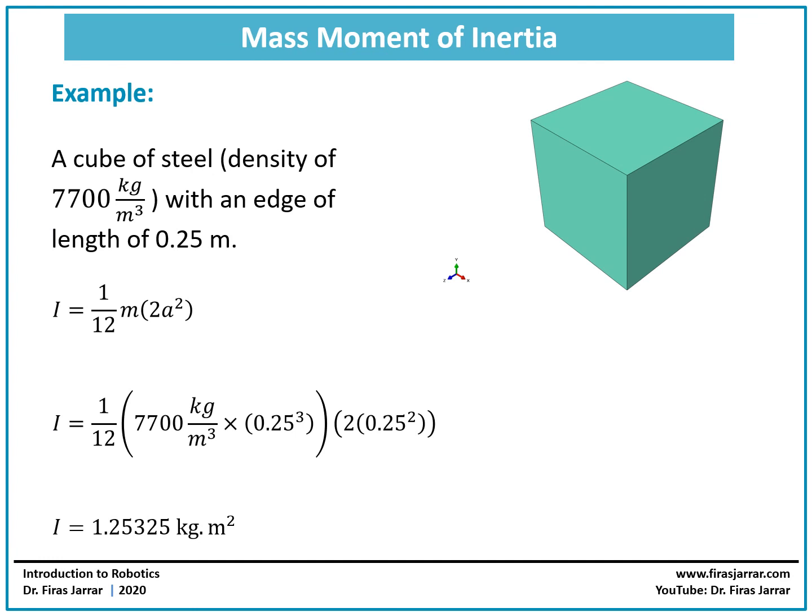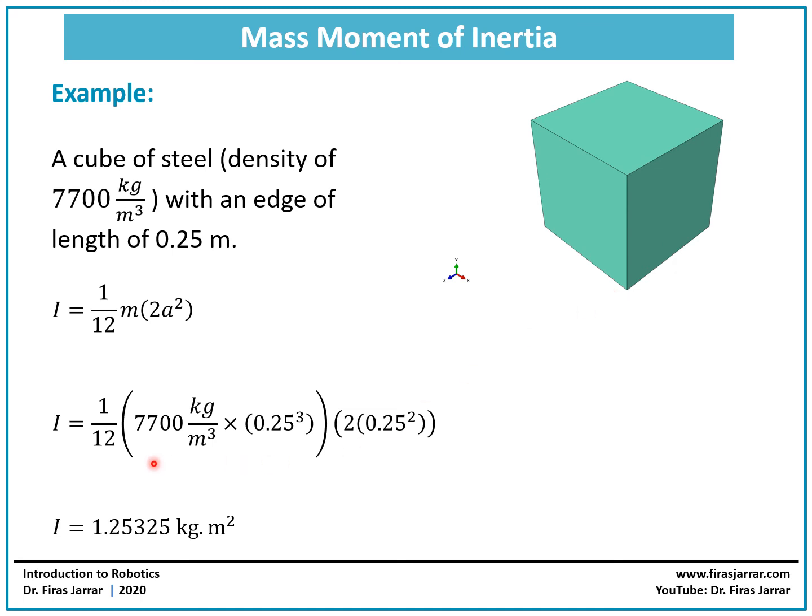Let's take a very simple example where we have a cube of steel, and this cube has an edge of 0.25 meters. We were asked to calculate the mass moment of inertia, let's say about the y-axis. If you look into the tables that we mentioned before, you will find a formula where I would be equal to 1/12 the mass times twice the square of the edge of the cube.